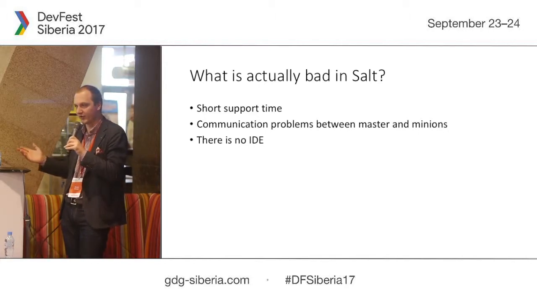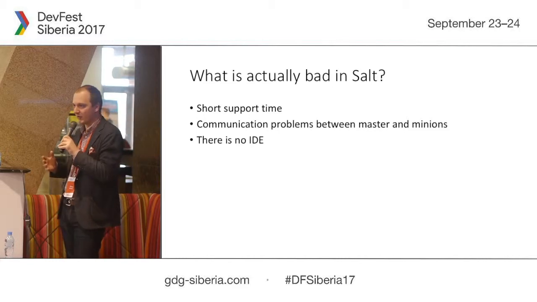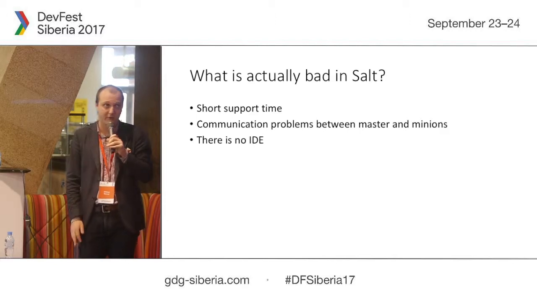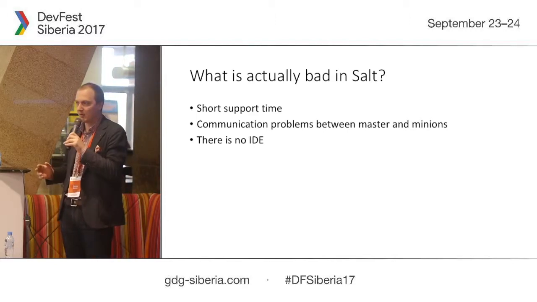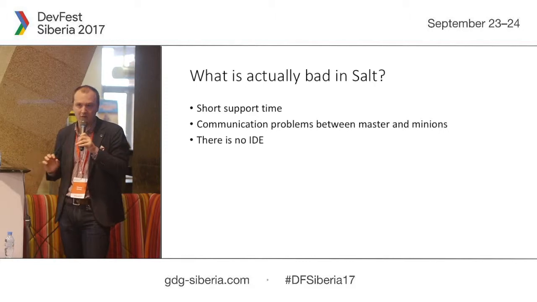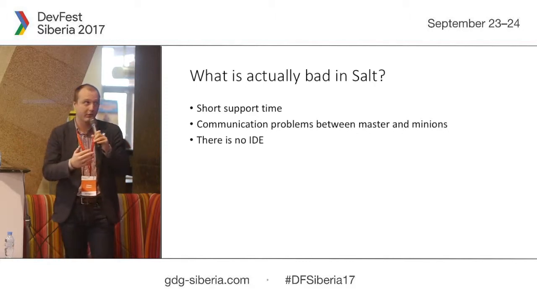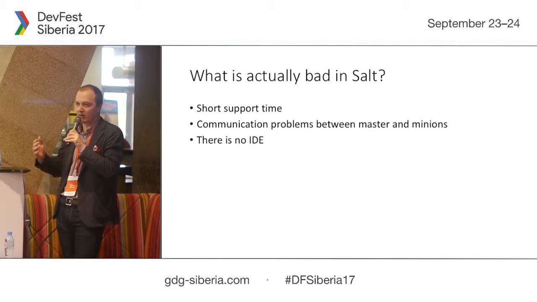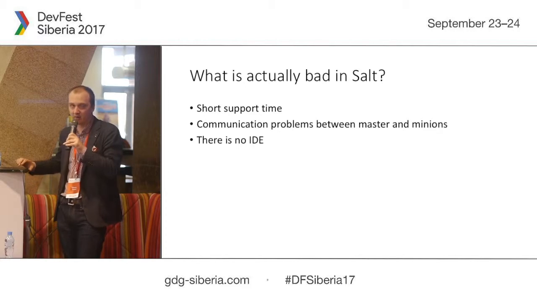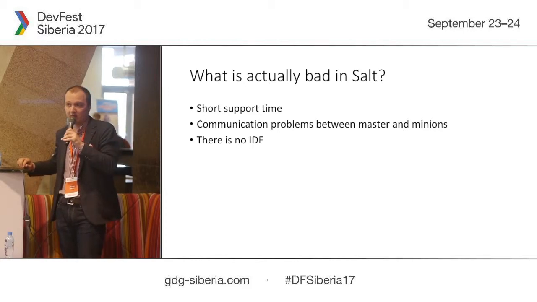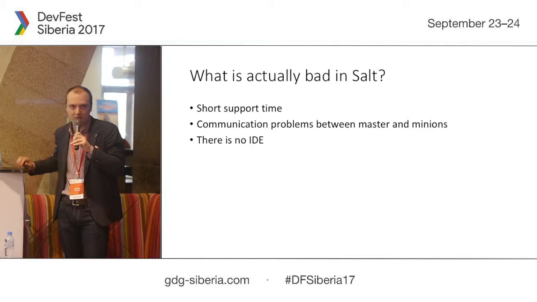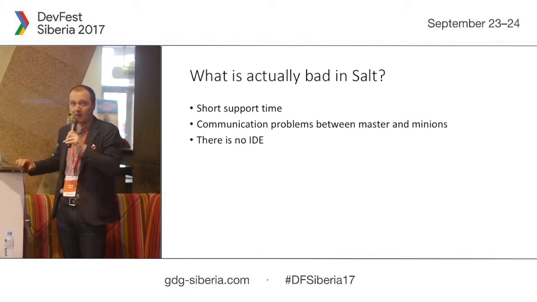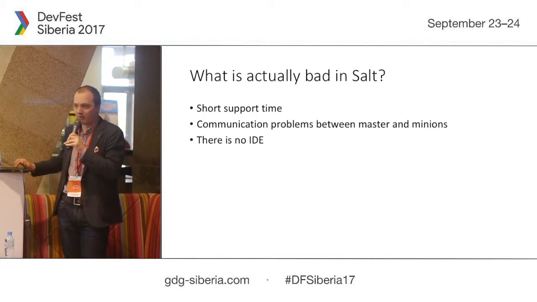So to apply configuration, that is how you can create some connections between your states and create a requisite. This also means that this collectd service should be configured after our configuration file is managed. And if something fails, you will not get a result for the service state. That is how a formula works.